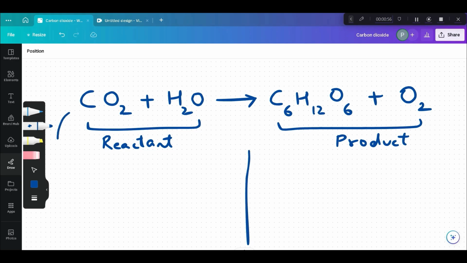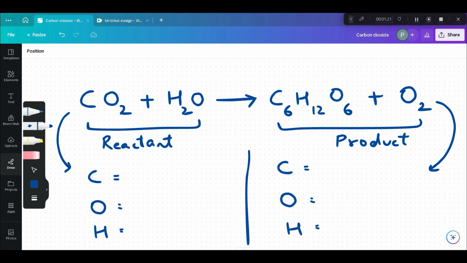We write these elements over here, we bring down these elements and write down over here and count the number of atoms. So we have carbon from the reactant side, we have oxygen, we have hydrogen. And moving on to the product side, we have carbon again, we have oxygen, and we have hydrogen.